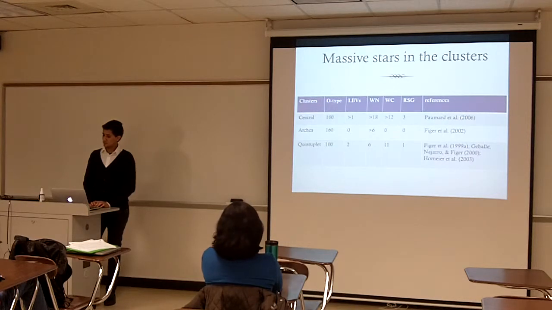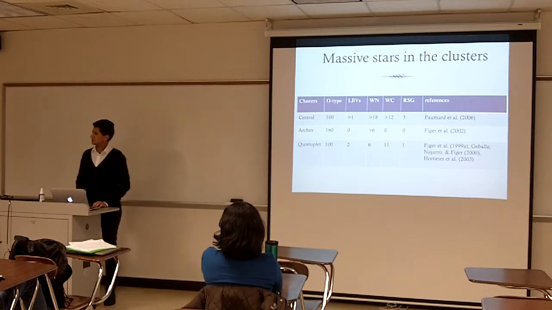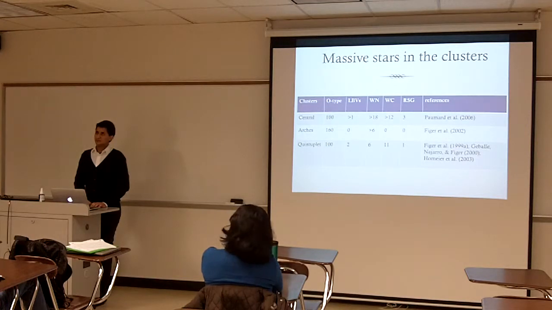Questions? So you say that we know the age, 10 megayears or so. How do we know this? What's the evidence of that? And the mass for that. How do we know the masses of these things? You said they're not in binary systems, right?